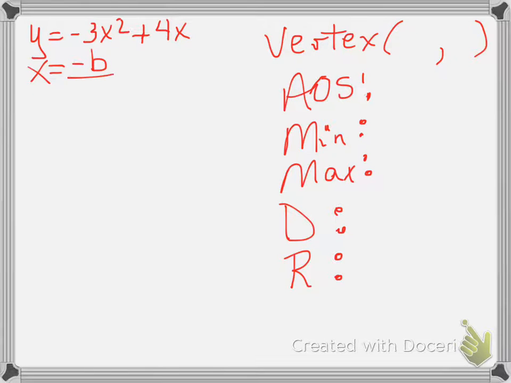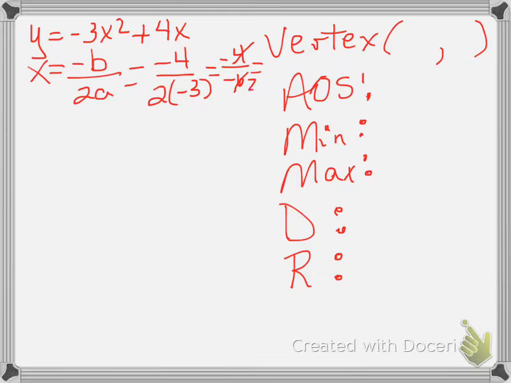So, negative b is negative 4 over 2 times a, which is negative 3. Okay, so that gives me negative 4 over negative 6. And that is, reduce that down by 2.